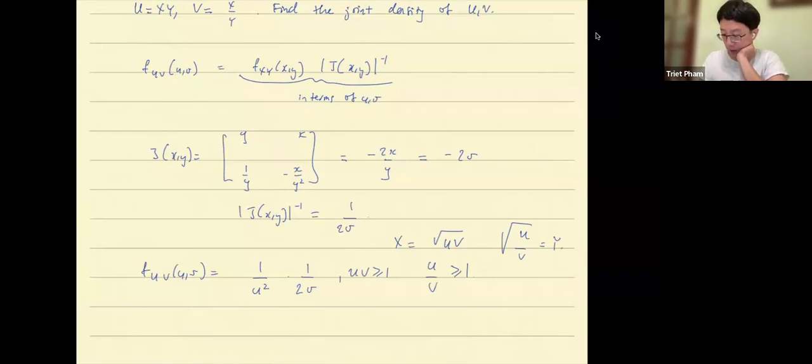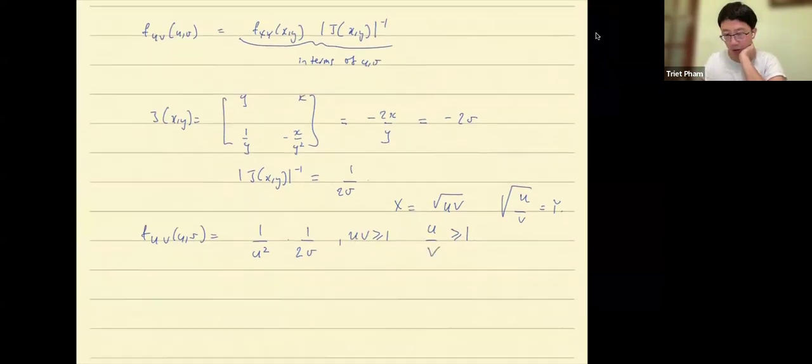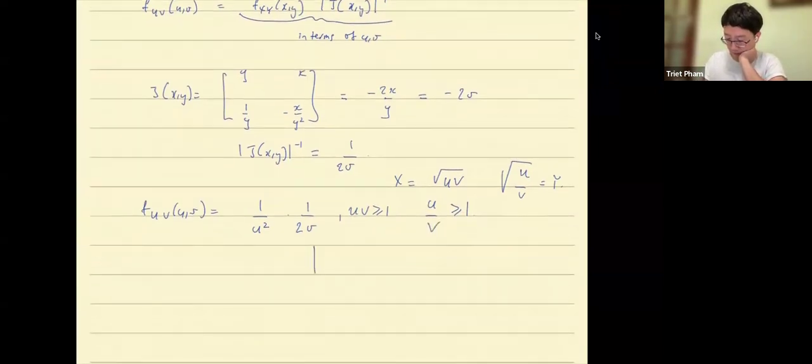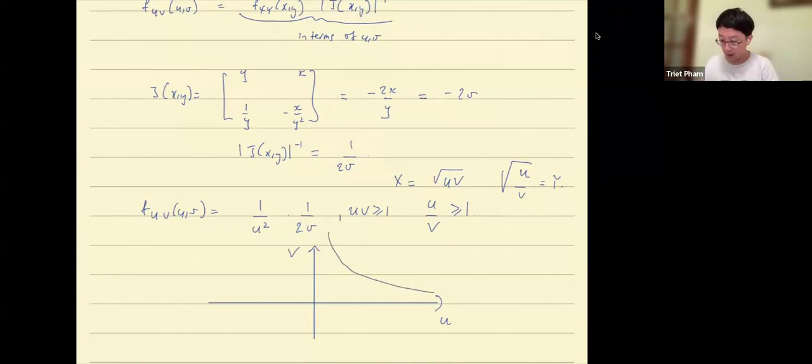This may or may not have any real restriction, but I believe it does. So let's take a look. This is u, this is v. u times v equals 1 for the positive is just a hyperbola, and u equals v is just a line.